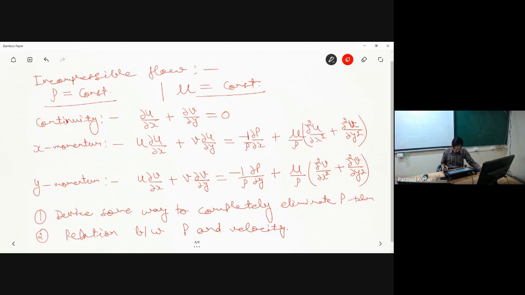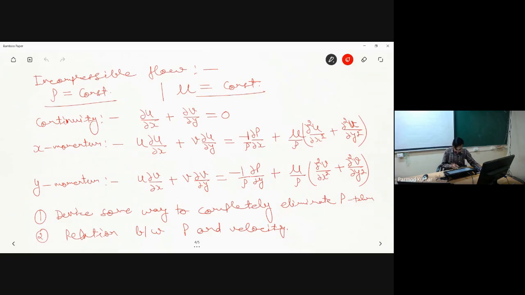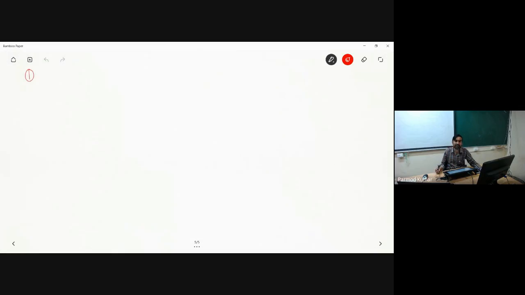Let me first take the first approach. The first approach says we have to devise some way to eliminate the pressure term. While doing this elimination of the pressure term, we will find a new governing equation in the form of our stream function and vorticity field.